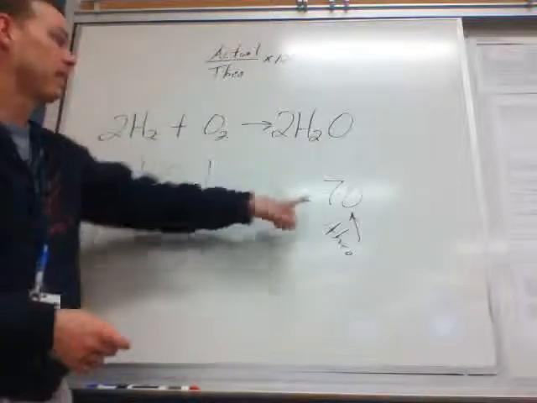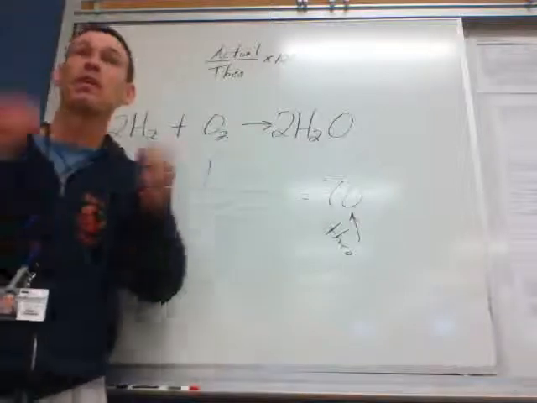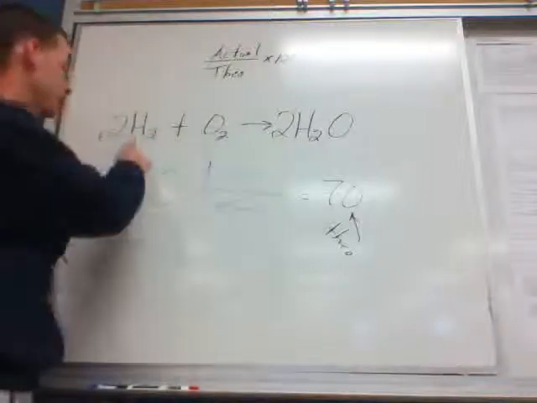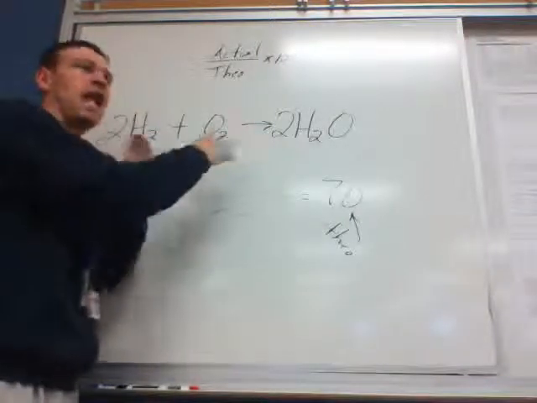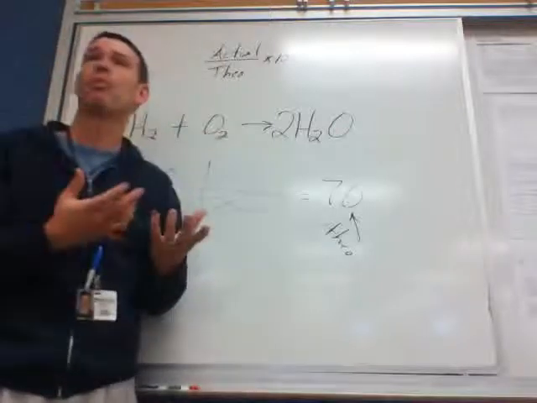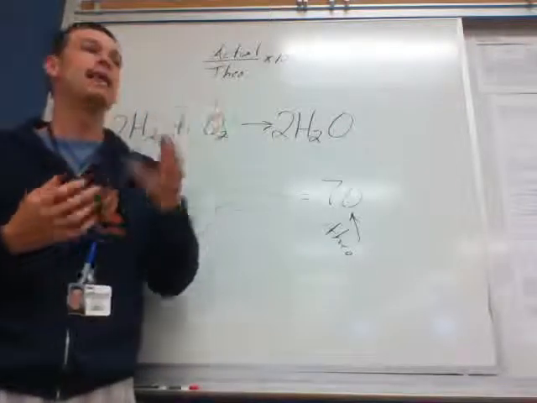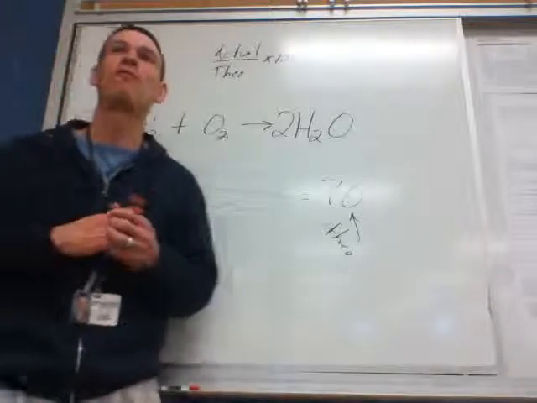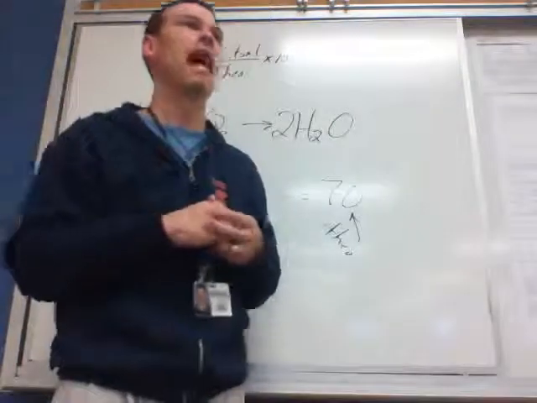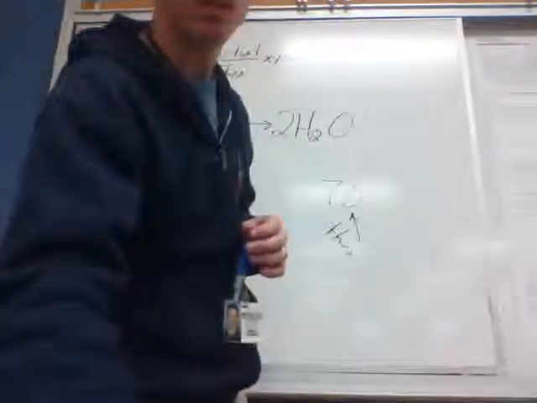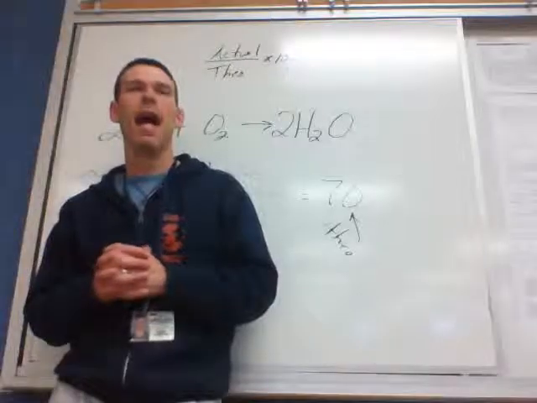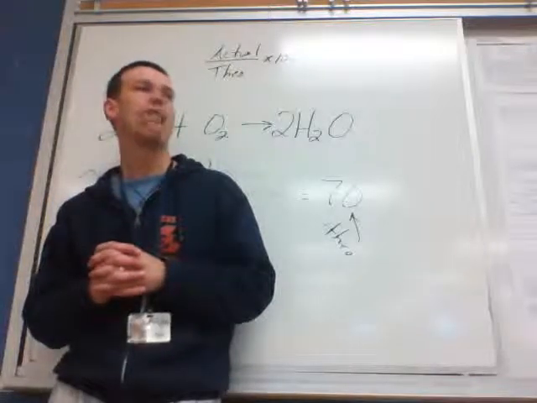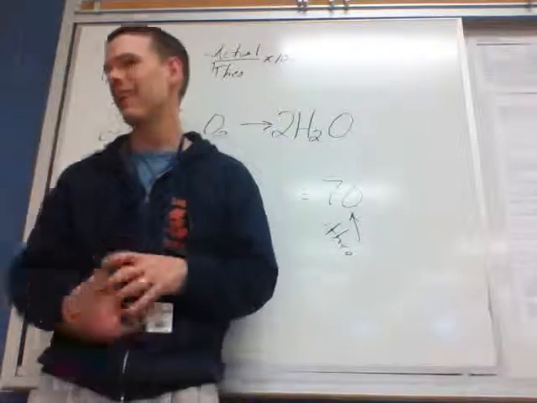In order to find the actual yield to compare this to, we would have to go to the lab, put our goggles on, get some hydrogen, get some oxygen, and actually run some numbers. Write this down in your notes. Actual yields are found in the lab.